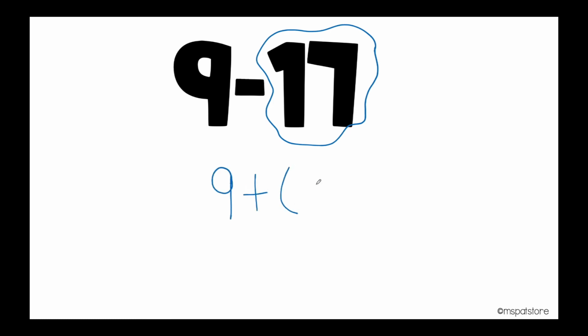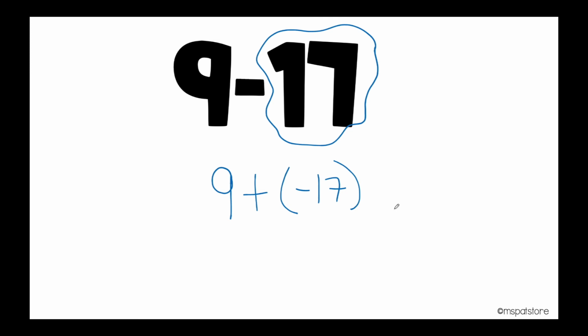Very good. So we have positive 9 minus positive 17. So what I'm going to do is add the opposite of positive 17. Remember, the opposite of positive 17 is negative 17. So I'll do 9 plus the opposite of positive 17, which is negative 17.